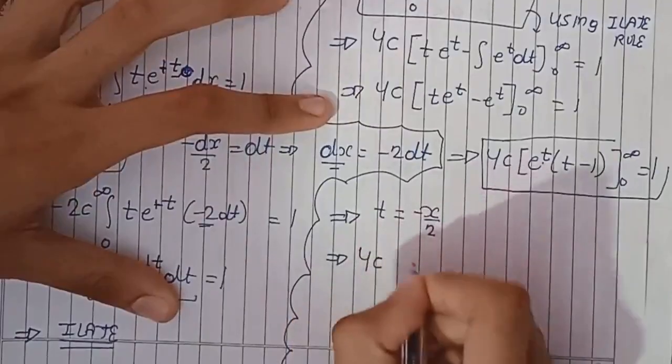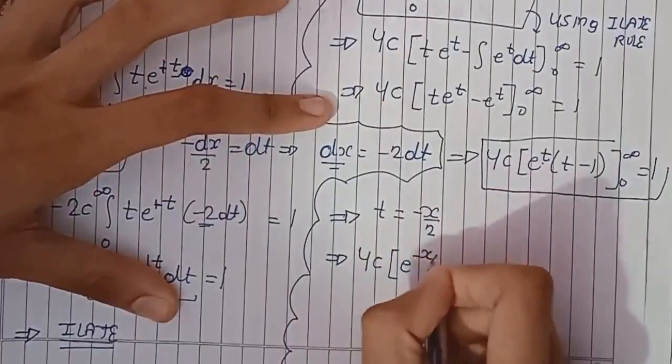we will be having 4c e to the power minus x by 2.